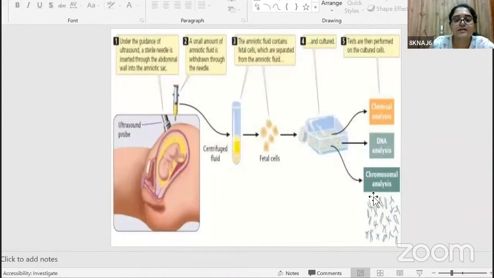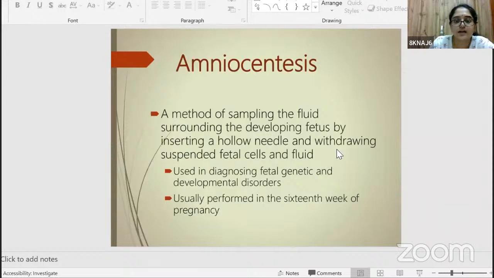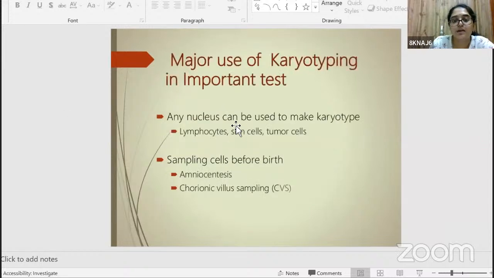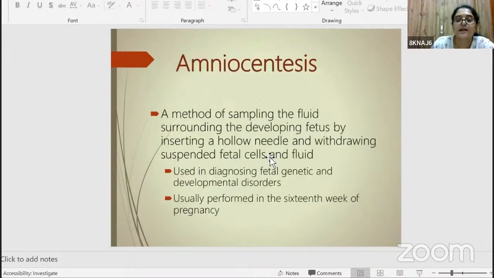So when do you take this, the amniocentesis? Where is karyotyping done? The major use of karyotyping is to find out if there is any kind of genetic defect. So you take a sample of the amniotic fluid or the chorionic villus sampling basically.